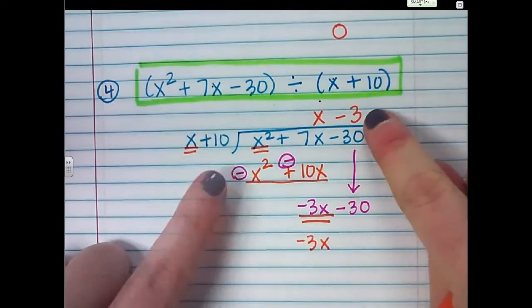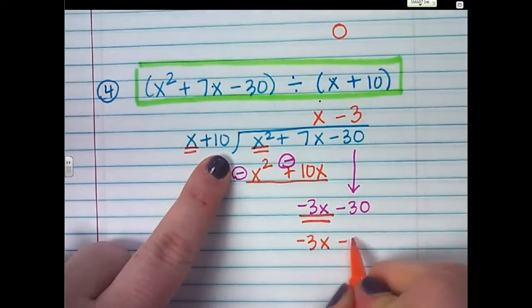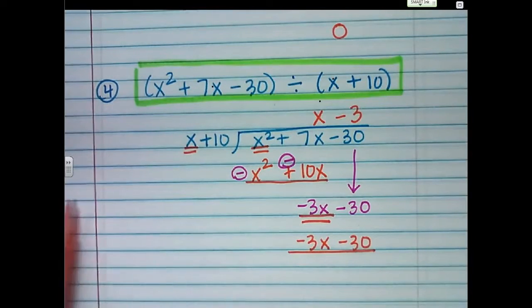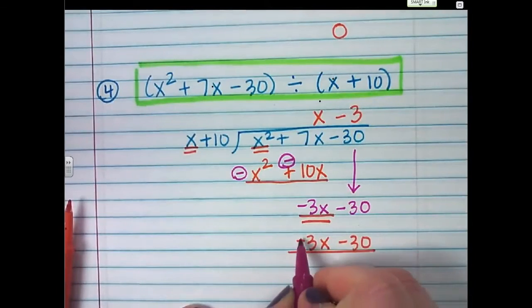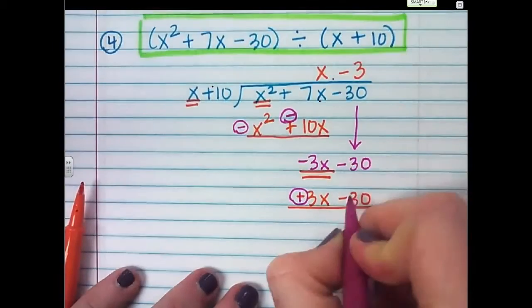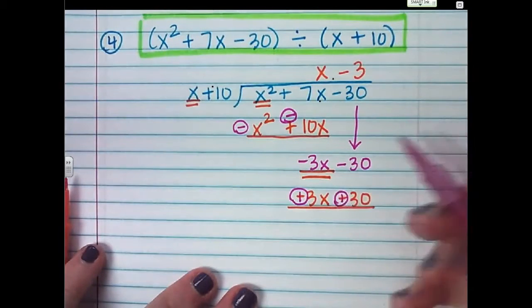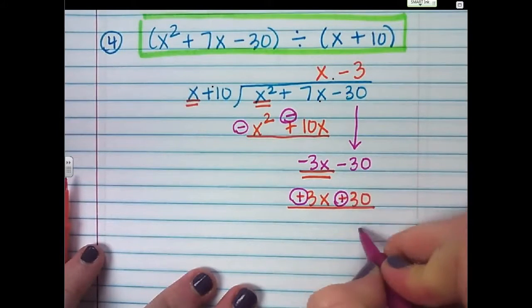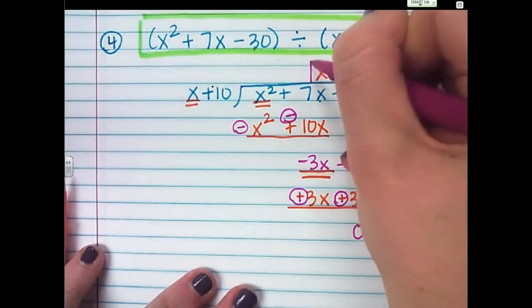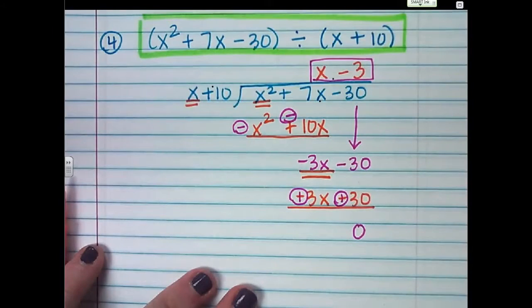And negative 3 times 10, negative 30. So this is negative, it becomes positive, and this one becomes positive. That cancels and that cancels, so I get a remainder of 0. So my answer is x minus 3.